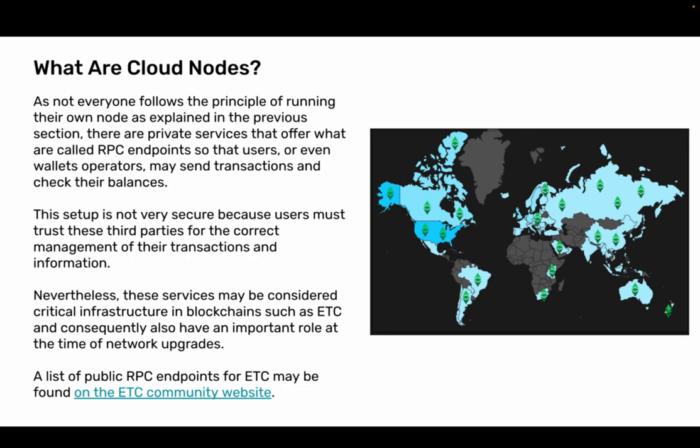This setup is not very secure because users must trust these third parties for the correct management of their transactions and information. Nevertheless, these services may be considered critical infrastructure in blockchains such as ETC and consequently also have an important role at the time of network upgrades. A list of public RPC endpoints for ETC may be found on the ETC community website.